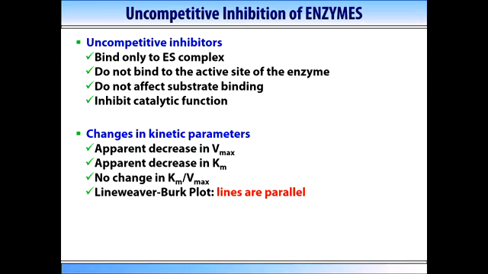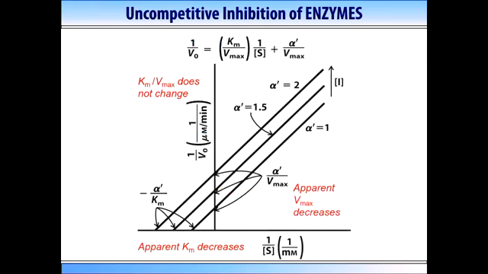Again, the competitive inhibitors do the opposite. They do affect substrate binding, but they do not change catalytic function. And here is the opposite. As a result, both the Vmax and Km change, but the same number of times. And as a result, the lines would look parallel.